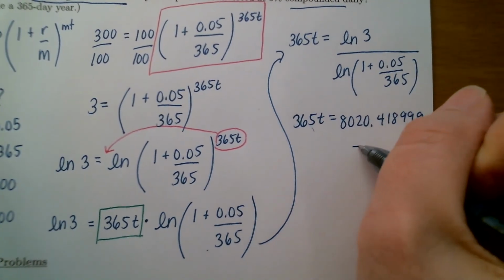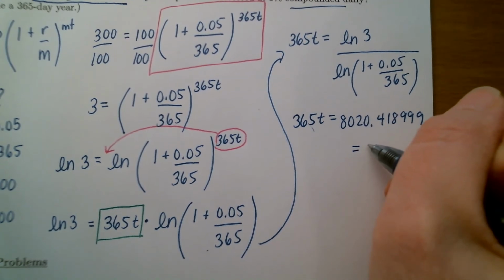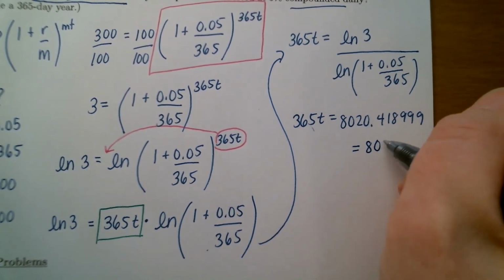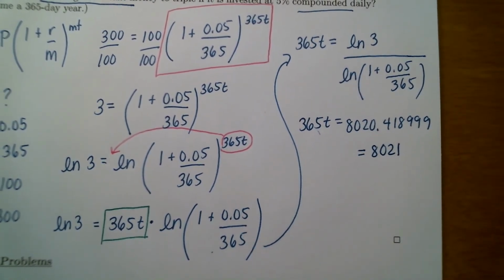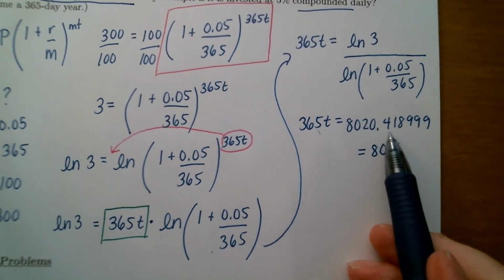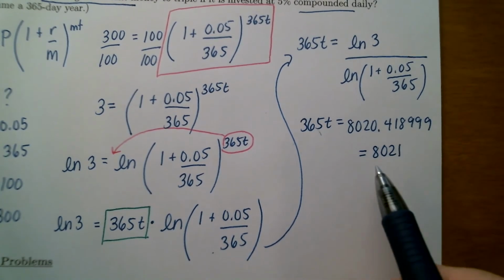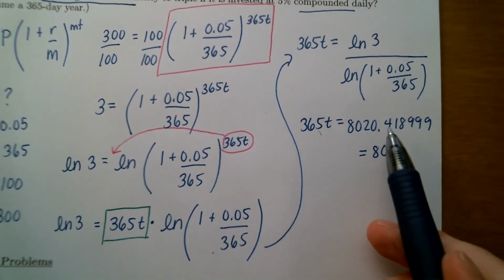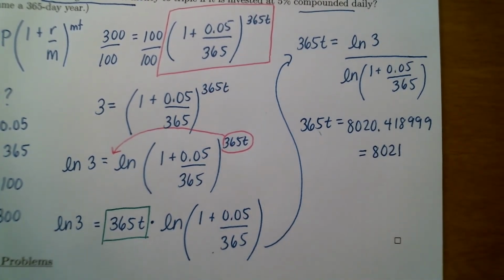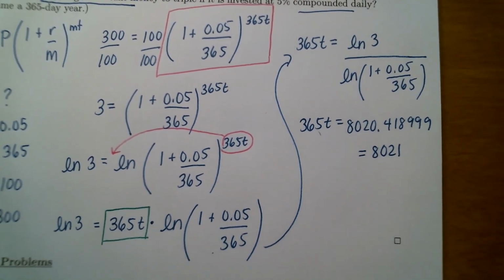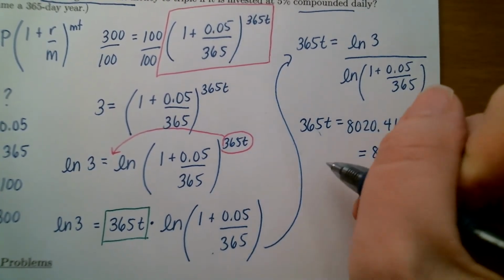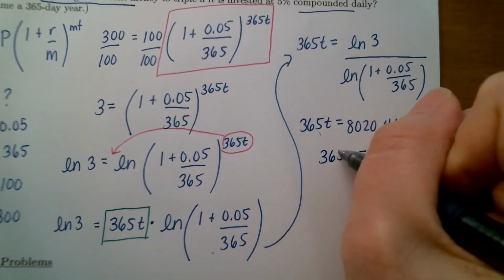So this right side is going to round up to 8,021. If this had been a 0.5 or a 0.6 or a 0.7, it would still round up to 8,021. So basically, after the decimal point, no matter if you have a 0, 1, 2, 3, 4, 5, 6, 7, 8, or 9, you would round up to 8,021. Left side is still 365t.